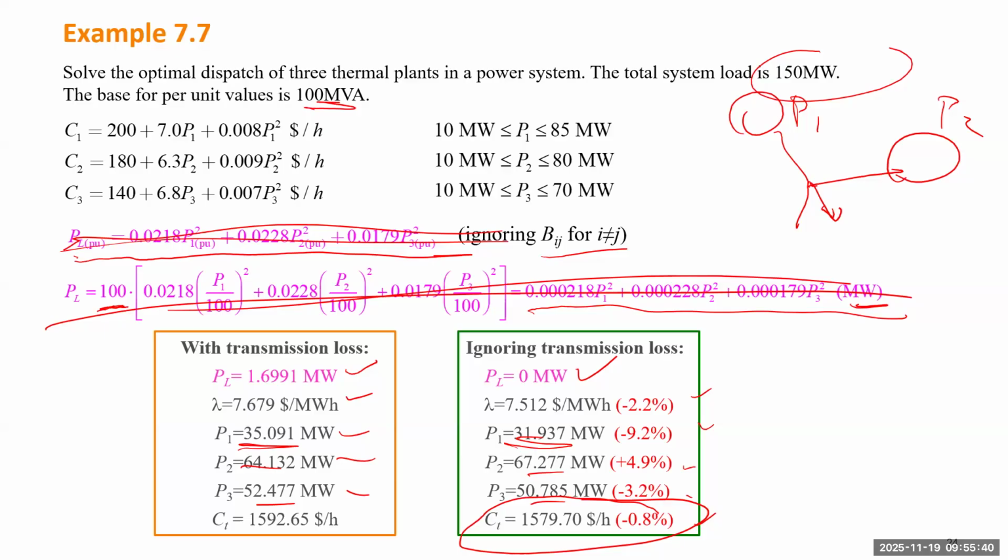It can maybe create about 1 to 2% of difference in the final answer. If you really care about 1 to 2%, then you need to consider transmission loss. But 1 to 2% for a large power system can be huge, can be a lot of money.